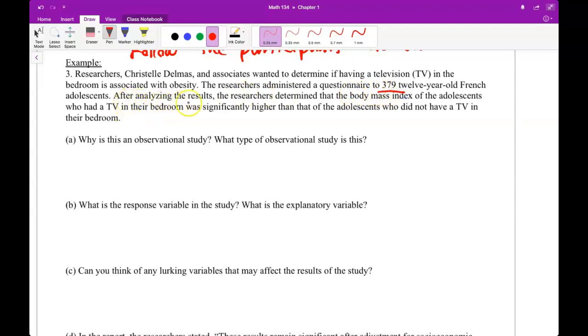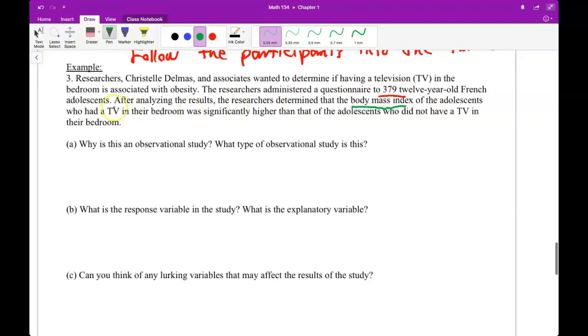After analyzing the results, researchers determined that the body mass index of these people who had a TV in their bedroom was significantly higher than that of those who didn't have a TV in their bedroom.